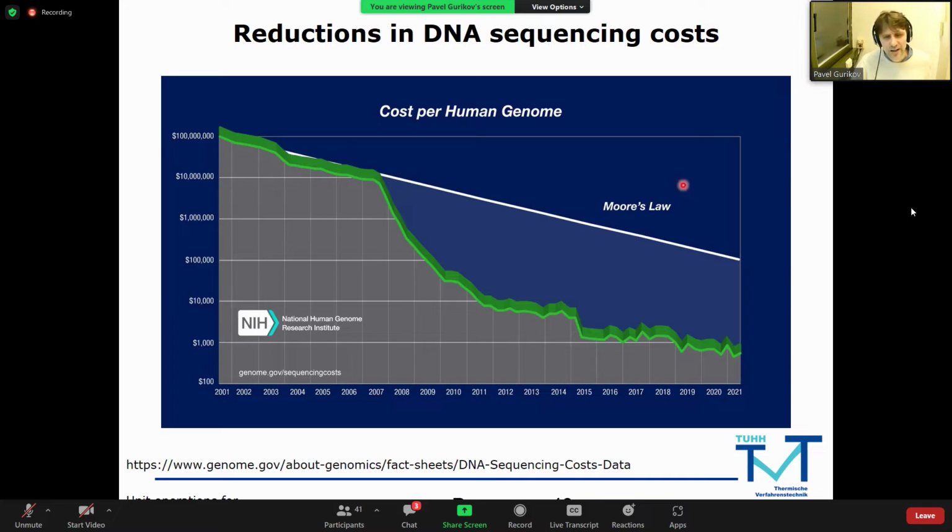What does Moore's law actually predict? Why is the line drawn here which corresponds to Moore's law? It's something coming from IT, from the world of computers.